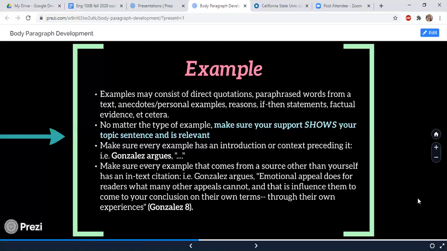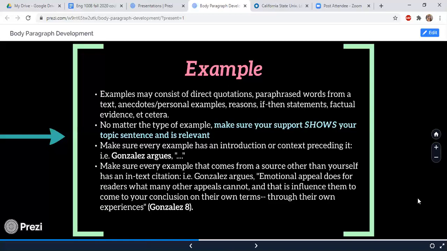So before diving into the story, you might provide context like, for example, when I was in high school, during my senior year, I experienced someone projecting a single story onto me, or something like that, just so the reader can place when and where this is happening before you actually tell the story. So introduction and contextualization is really important, okay, whether it's a personal example or you're quoting or paraphrasing from a text that we read.